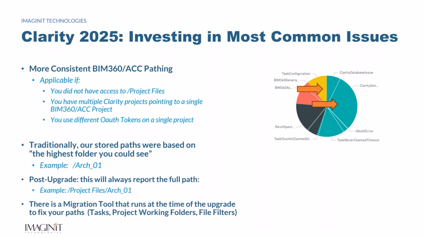Let's see, another thing which is a little bit more obscure, but it is fairly important because it is an upgrade process that we are putting everybody through, every Clarity host through. It really is only going to apply probably to the projects in BIM 360 or Autodesk Construction Cloud, not the ones that you host yourself, but the ones that are hosted by one of your partners.